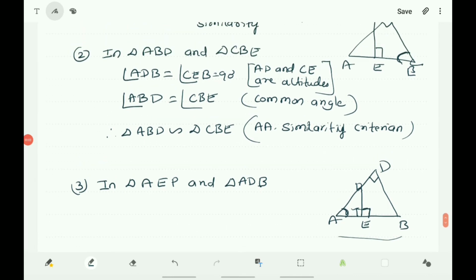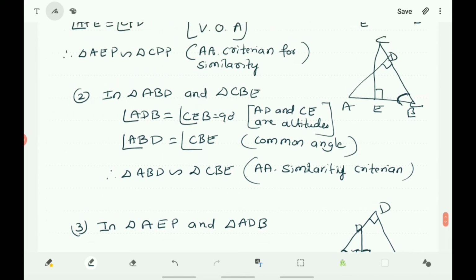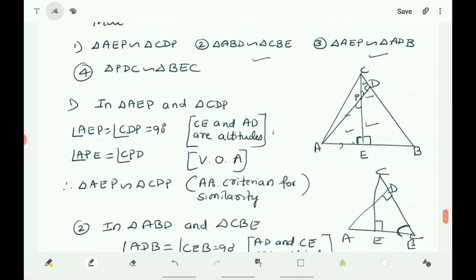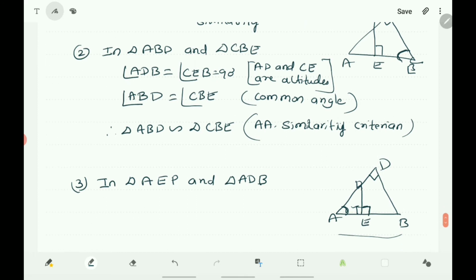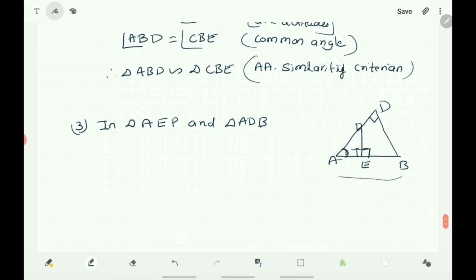Now you consider the triangle AEP and triangle ADB. Here you can verify that one common angle is there and 90-degree angles are there.